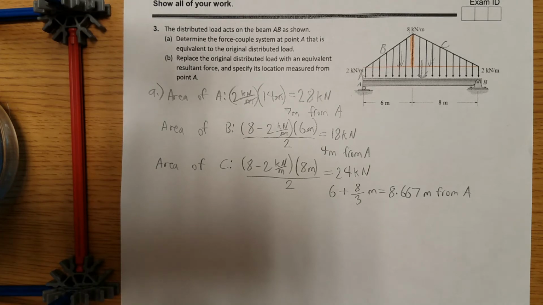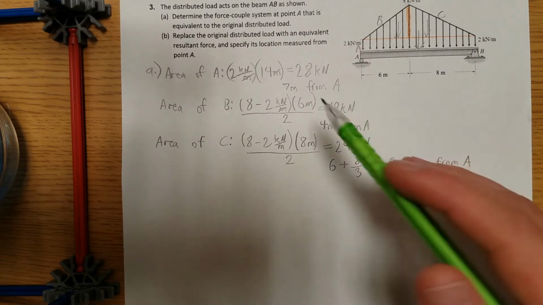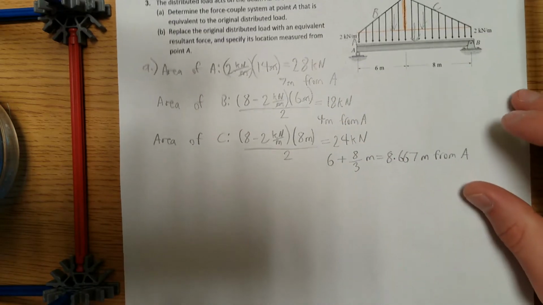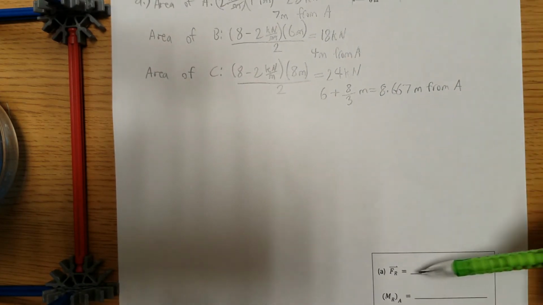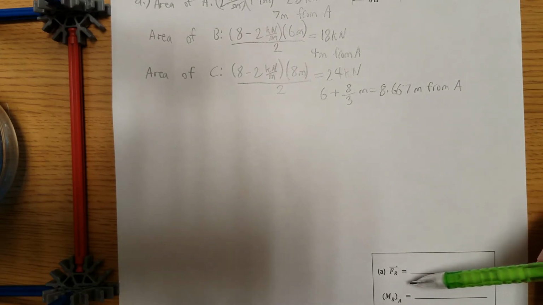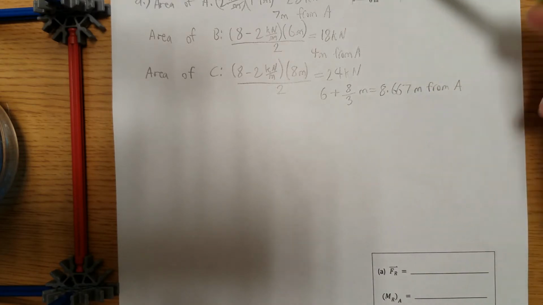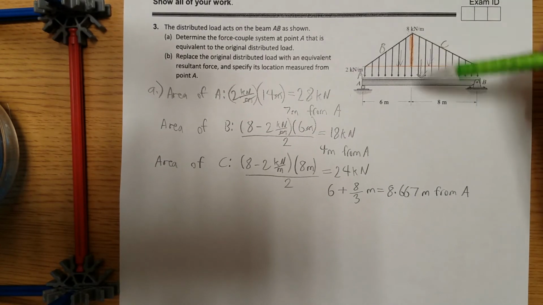So now we want to know what our resultant force is, the force couple system at A. It looks like it's asking for the resultant force in vector format. But if we take a look at this, all of these would be in the y direction because the distributed load is just pointing down.